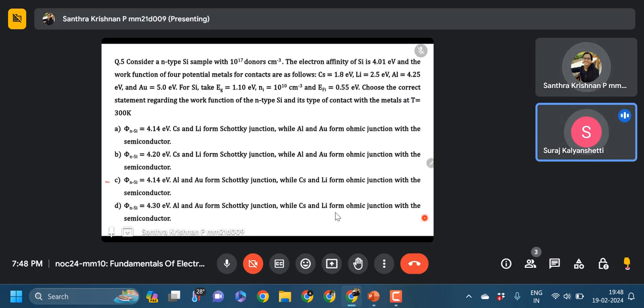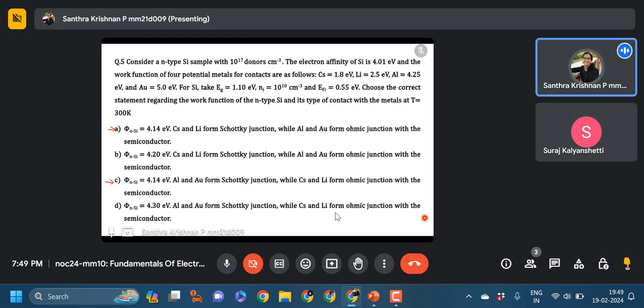So you have these options: CS is 1.8, and 2.5, lithium or CS, right? Either of them. If in the case of CS and lithium, your phi metal is less than your phi semiconductor, right?